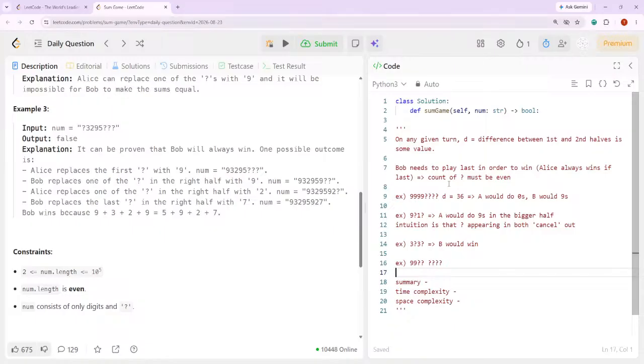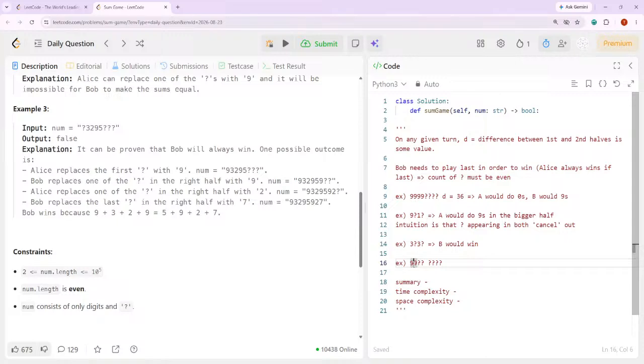I think in this scenario, Alice probably wins, because Alice gets 3 shots here. Alice could make this thing into a 9, which makes this into a 27.